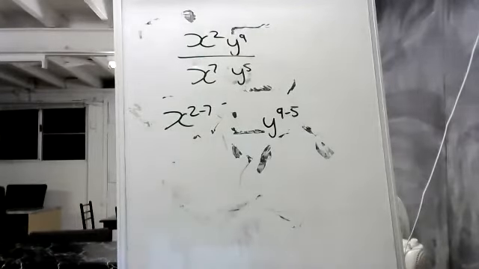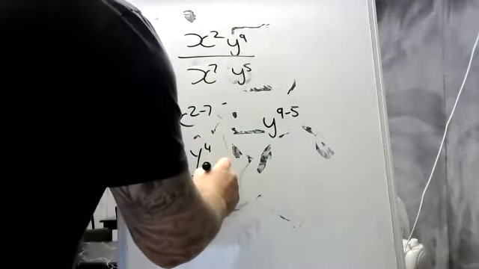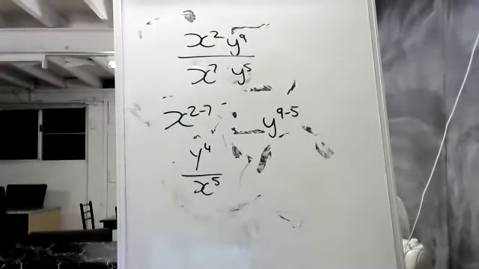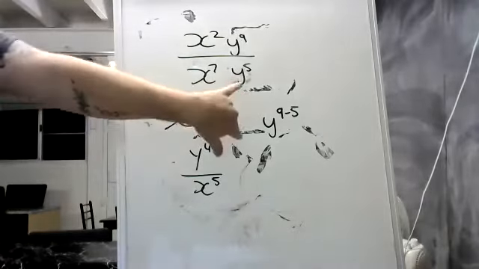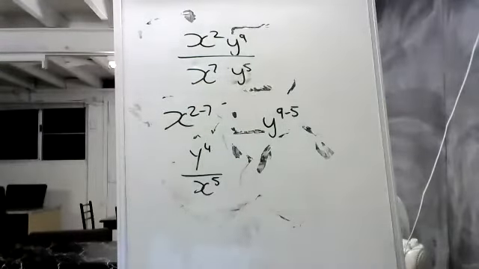We put x underneath y. So y to the power of 4, x to the power of 5. Because normally it would be x over y. Because we've got a negative exponent here, we flip it around and do y over x. All good?